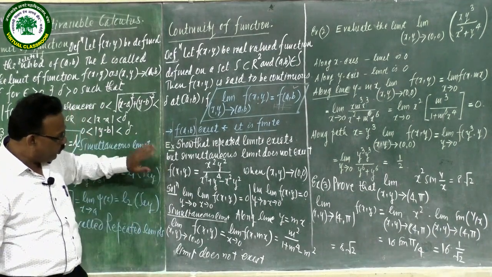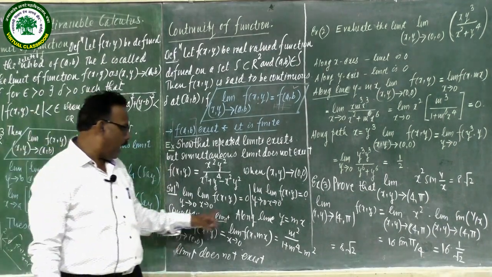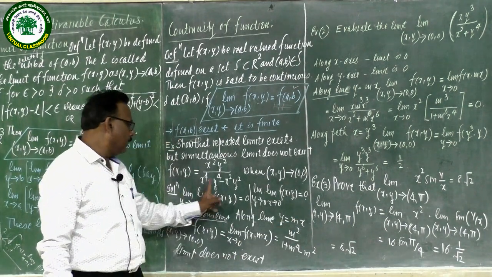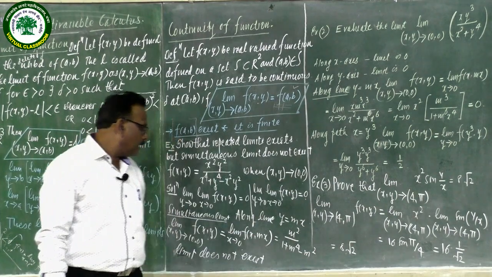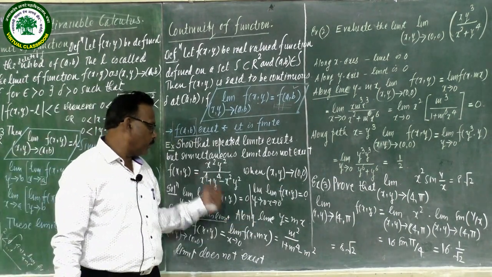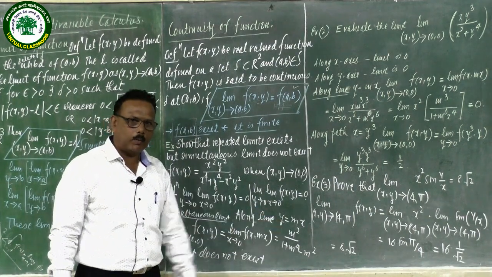Now we have to take the limit of the function along a different path, that is y equals mx. Here we are taking the simultaneous limit, not repeated limits. We have to convert the original function to a function of the single variable x.